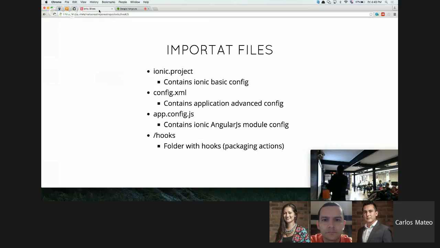Lastly, we have the hooks. That is something that normally the people that know Ionic ignore, because it's not a required functionality. Hooks is a folder where we can code some scripts that will help you to build your own Cordova project. For example, if I don't want some files that I created in my www folder, that's the normal folder that you use when you are coding on Ionic, for example test cases or something like that, you can clean them up with a hook.